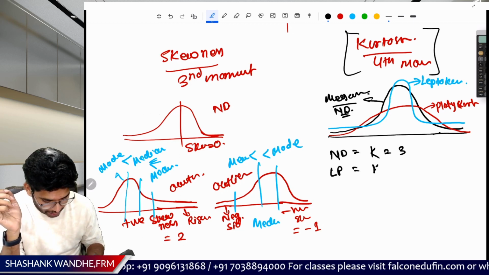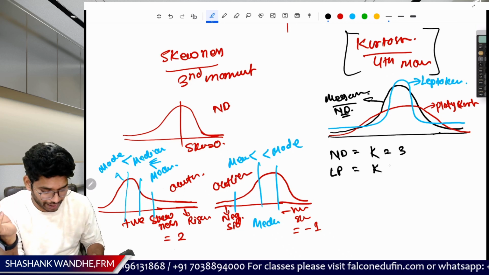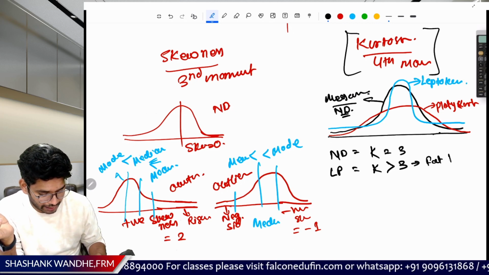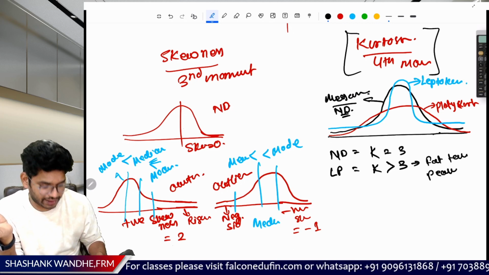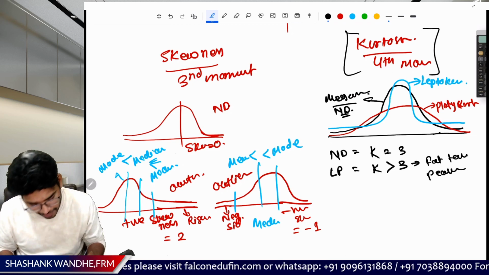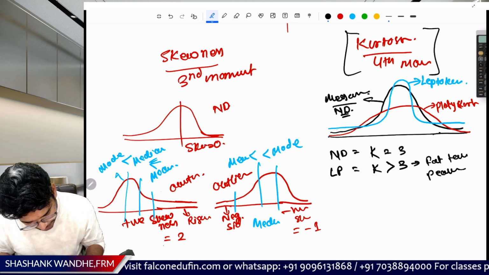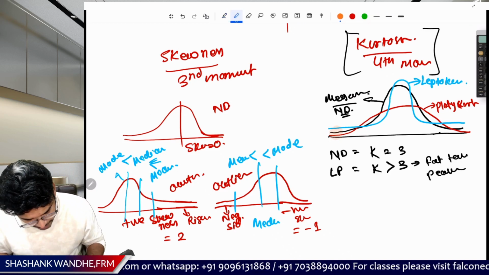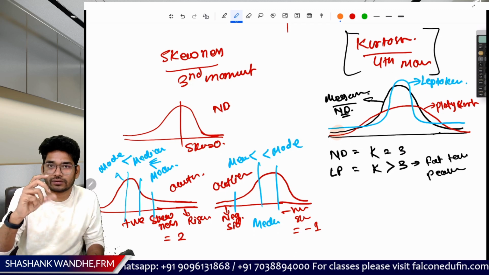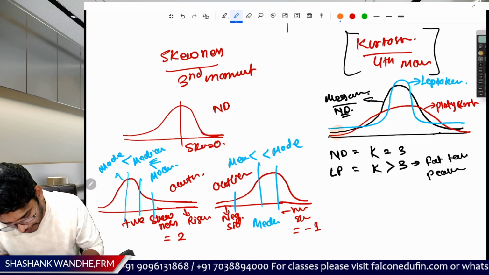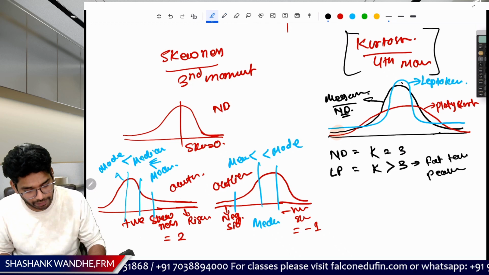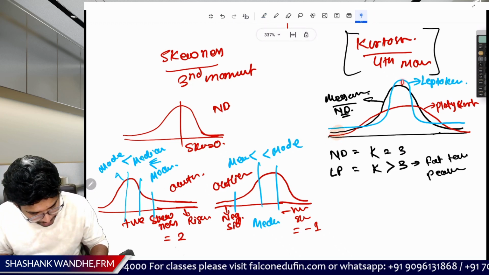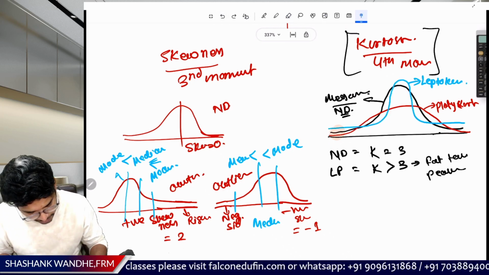Leptokurtic has higher kurtosis, greater than 3, and this has the fat tails and peaks. Remember, fat tails and peaks. Fat tails you can see here in leptokurtic. So tails are fatter than the normal distribution, and peak is also higher. So these are tails, see this difference, and then this is the peak.